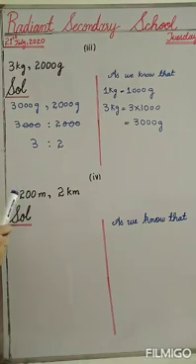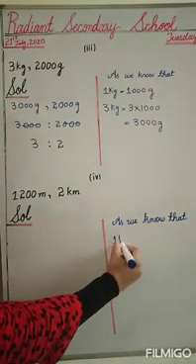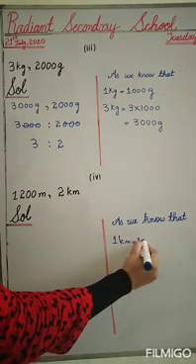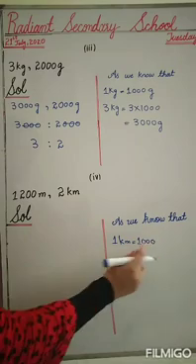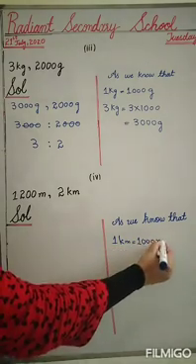Now next part is 1200 meters and 2 kilometers. Class, again the units are different. First we have to make the units same. So we know that 1 kilometer is equal to 1000 meters.